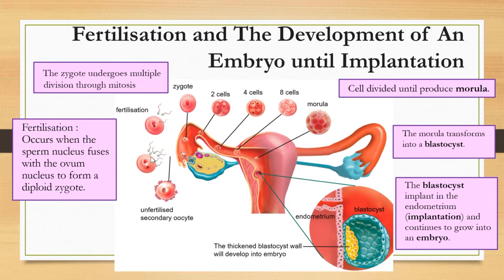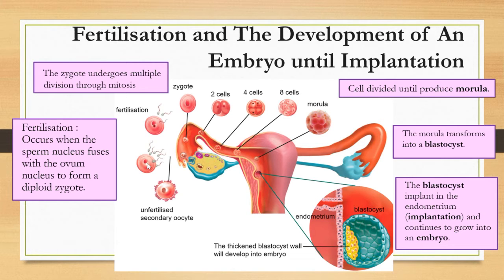Once the sperm penetrates into the secondary oocyte, the secondary oocyte will turn into the ovum. And then what happens after that?